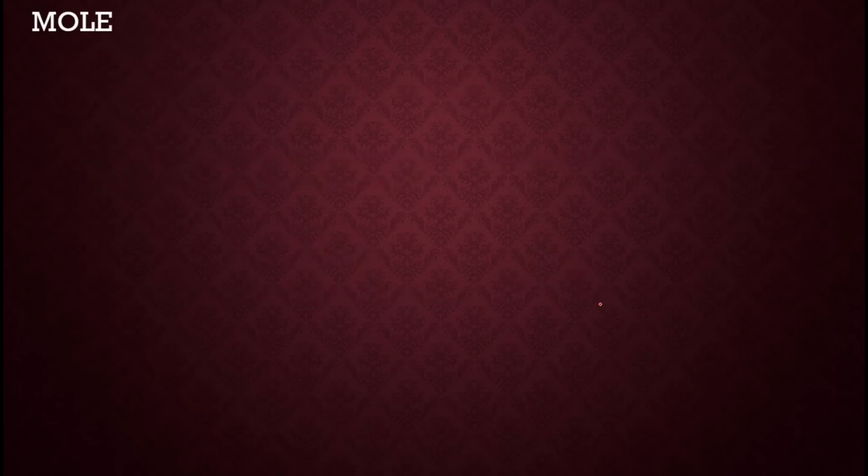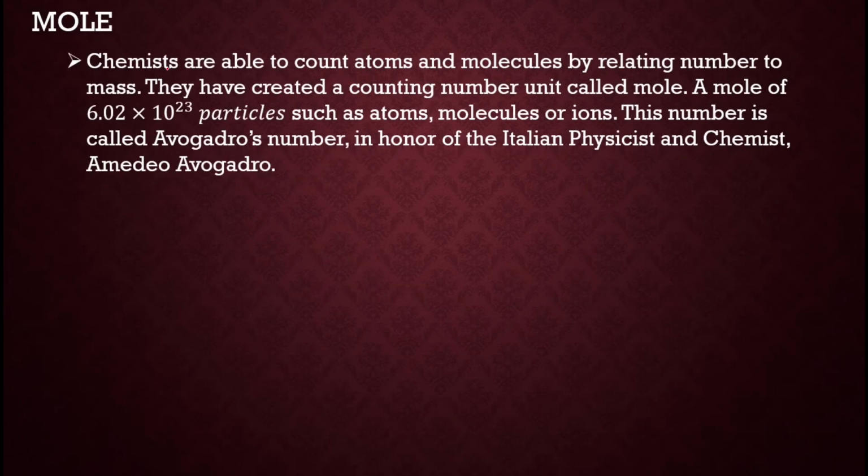Next, for the mole: chemists are able to count atoms and molecules by relating number to mass. So they have created a counting number called the mole. A mole is 6.02 times 10 to the power 23 particles, such as atoms, molecules or ions.